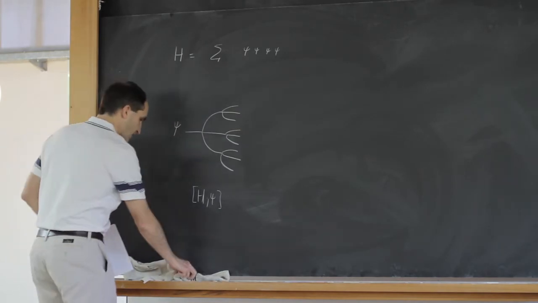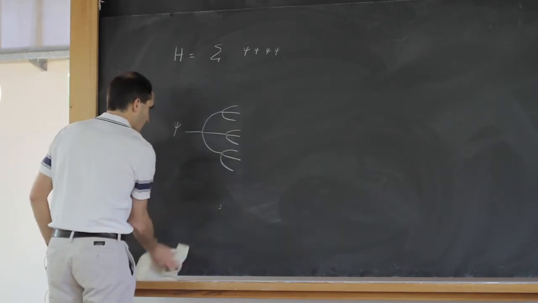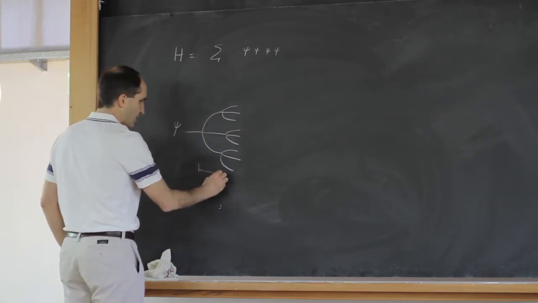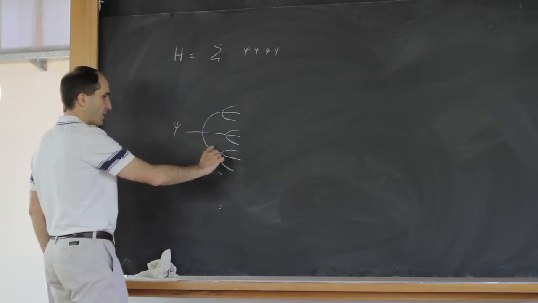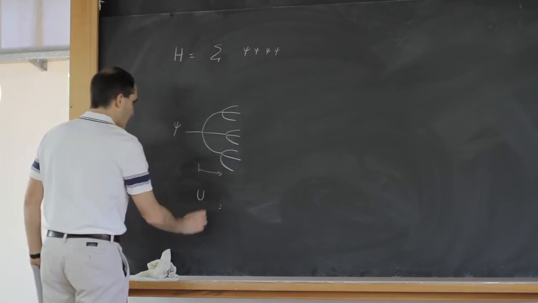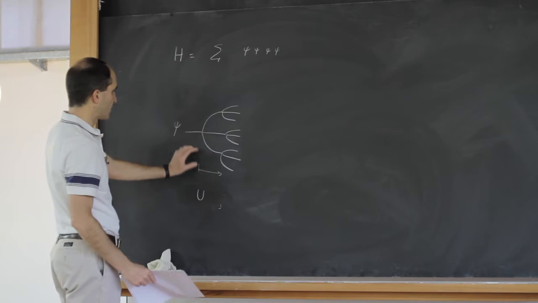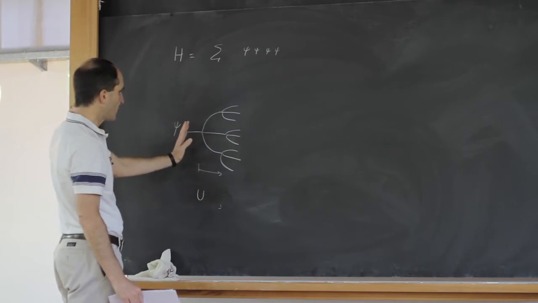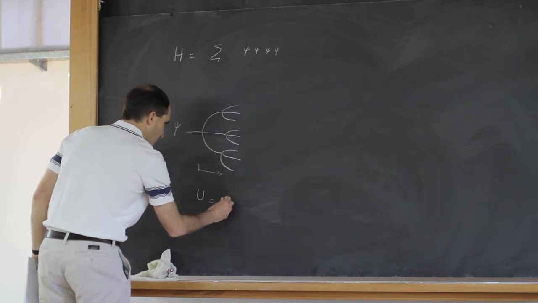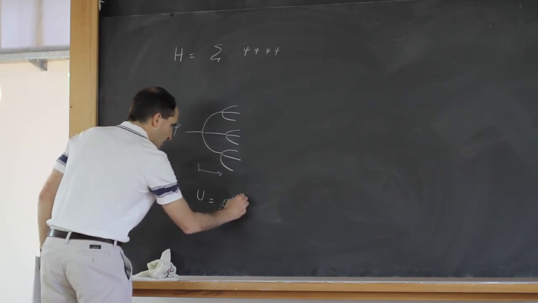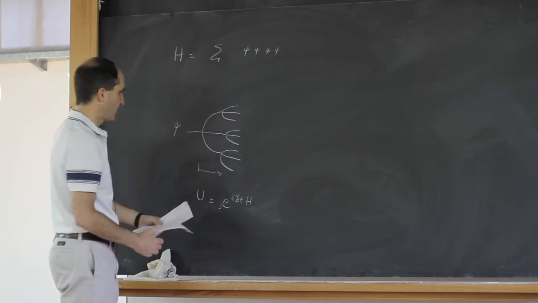A more correct way to say this is that each step in this figure represents the action of the evolution by one time step. Let's say that U is the evolution of the total system by essentially one time step. So this is equal to e to the i delta t times H, okay?